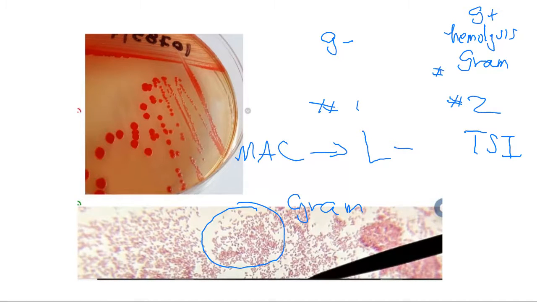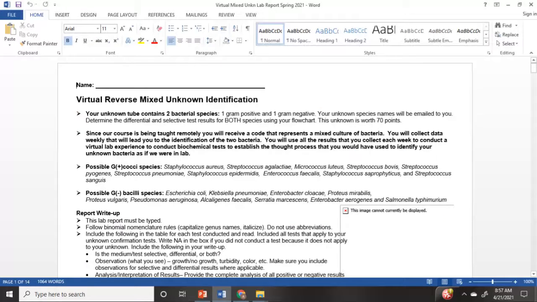For week 2 of my gram positive, I read my catalase test. And I have been opening my document that looks something like this, where I have the list of gram positive and possible gram negatives. And I have been filling out my information.